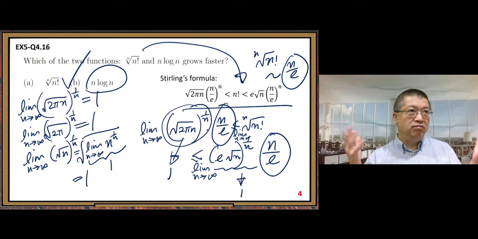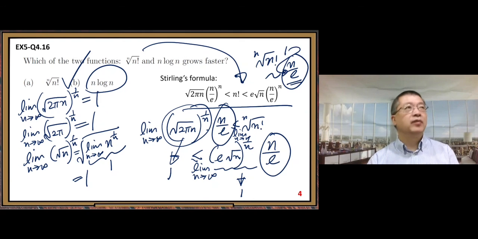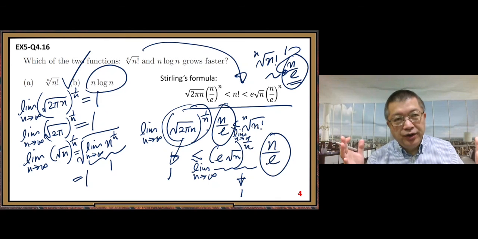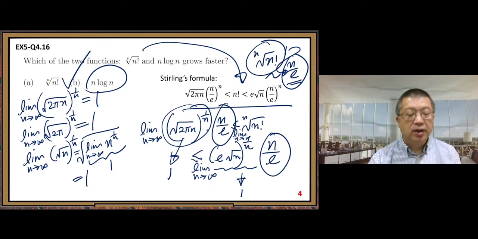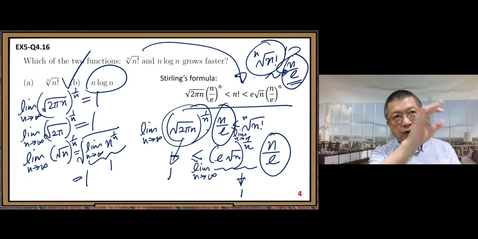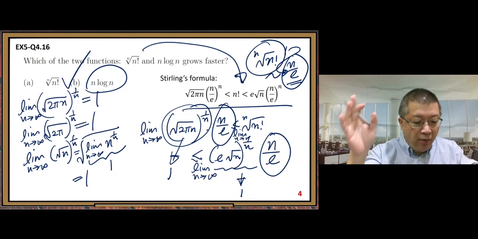The limit is 1, so you just think of a constant 1 times that. When n is very large, you can use n over e to approximate the nth root of n factorial. All right, so that's part E.2.